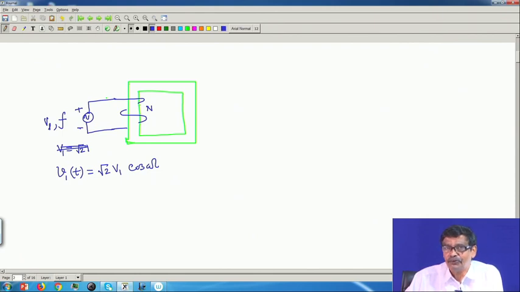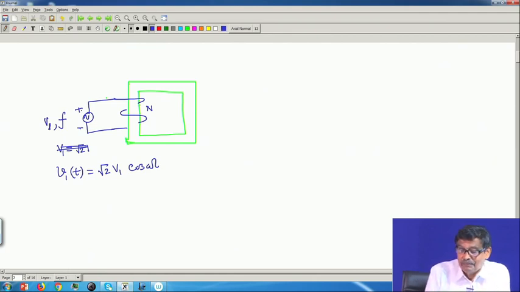Once the supply voltage RMS value is known, we do not start by saying that I will first calculate current, then calculate MMF, then divide that MMF by reluctance to get the flux. Not like that.